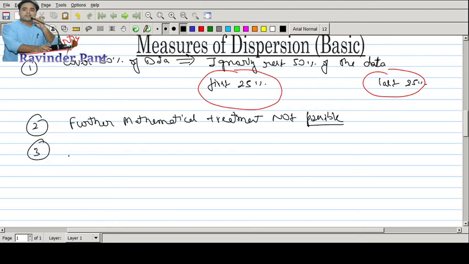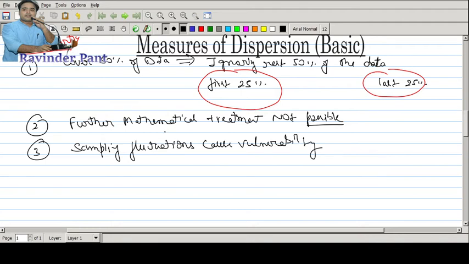Last point, sampling fluctuations cause vulnerability. Fluctuations in the sampling method, in the sampling errors, this measure of dispersion is vulnerable to those fluctuations.